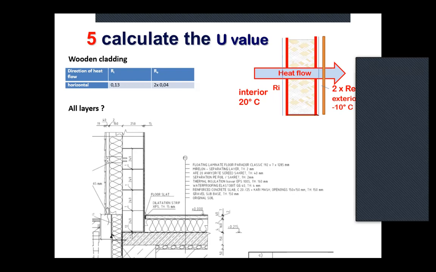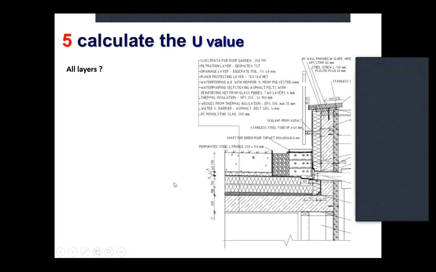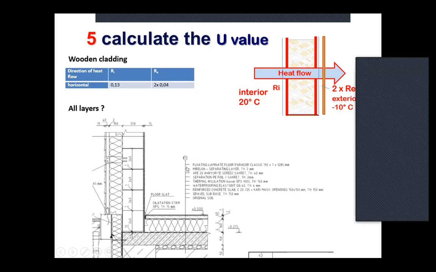So when you calculate a U value for such a floor on ground, which layers do you think that we take into account? What's your opinion about this? Yeah, I guess all of them except the soil. You think except the soil, and why should it not be soil? Maybe a stupid question, but it may reveal the core of this problem.